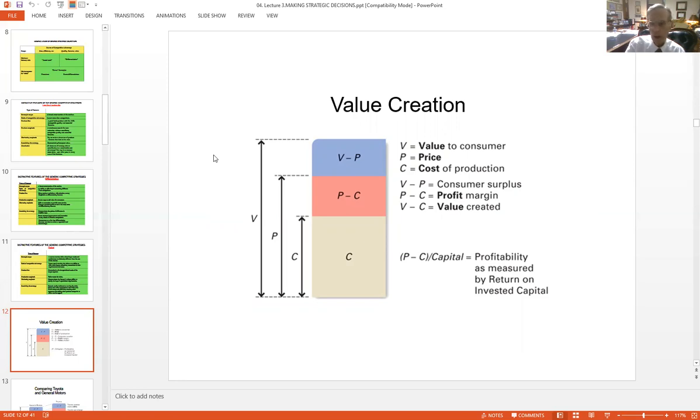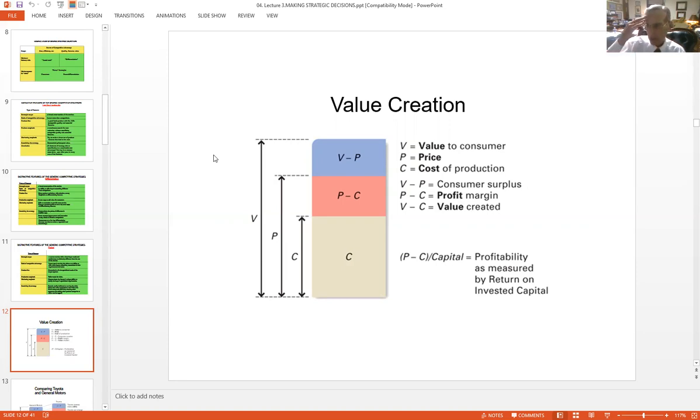Whenever we generate a product or service and ask a consumer to pay for it, the consumer, especially an industrial consumer, isn't going to pay our price unless the consumer feels that greater value will be realized than the price that that buyer pays.